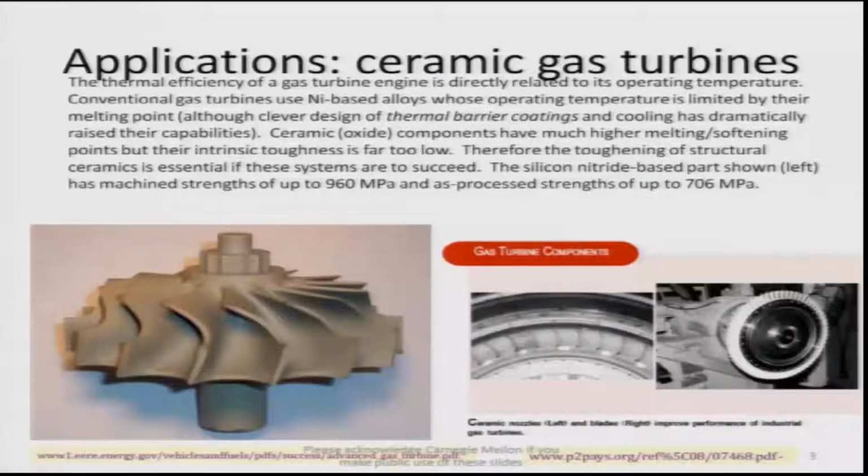Another important niche application of ceramics is gas turbine engines. We know gas turbine engines consist of nickel based superalloys with a coating of some zirconium oxides to protect them from oxidation and also thermal issues.